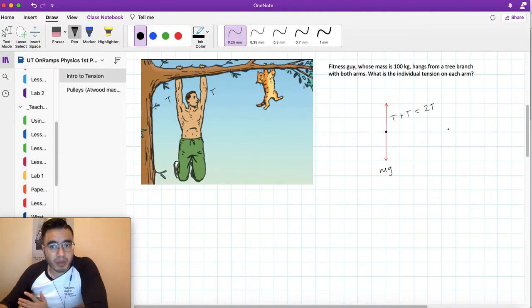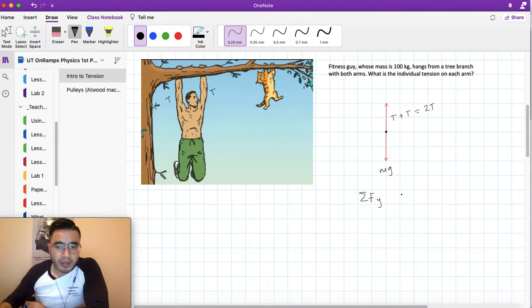Otherwise, we're going to get the wrong answer. Now we can find the tension from each arm. Now we have to sum the forces. There's nothing going on along the x, so we just worry about the y. The guy is just hanging there, so 0 is equal to 2T plus mg.